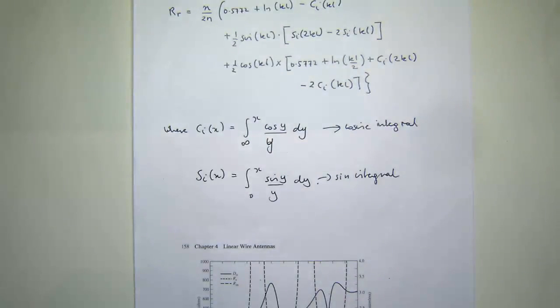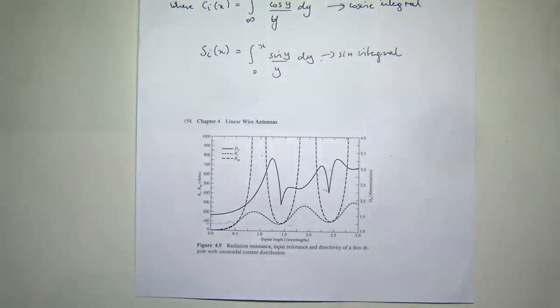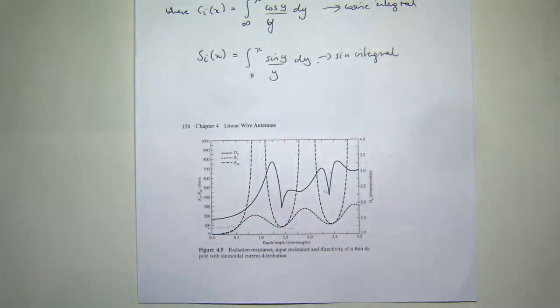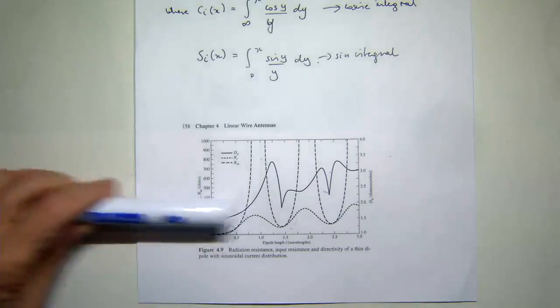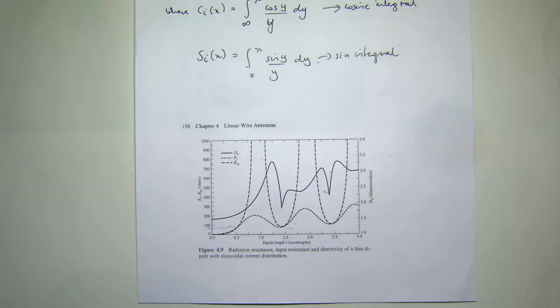Now, what was important about this? What did we find? Essentially, as the length of the dipole became larger, the radiation resistance actually increased and peaked at approximately 170 ohms at about 3/4 of a wavelength.